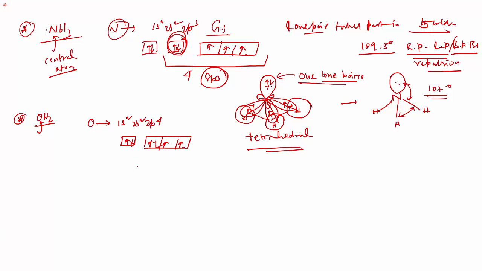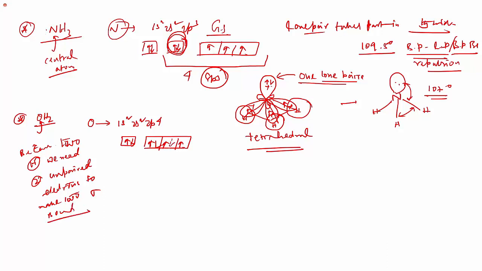So in that case also, we need two unpaired electrons, because for two hydrogens, we need two unpaired electrons to make two sigma bonds.